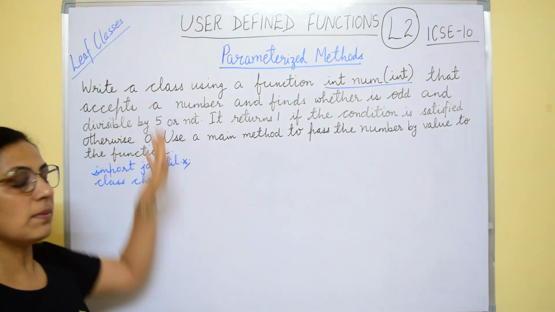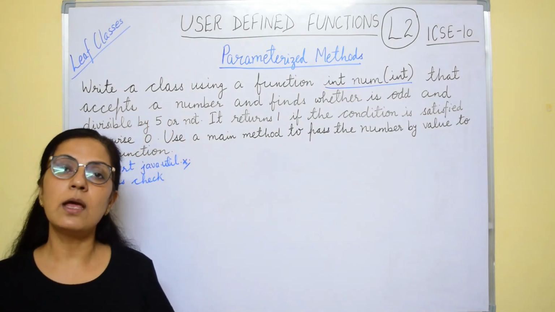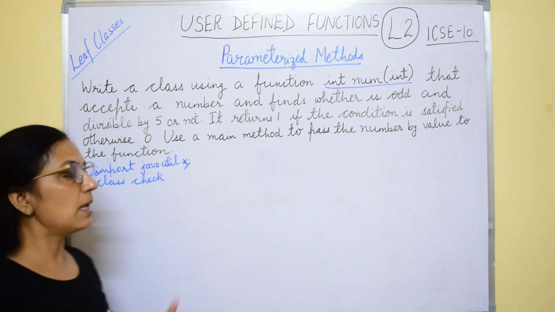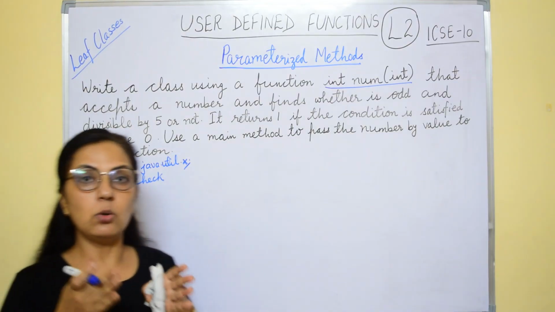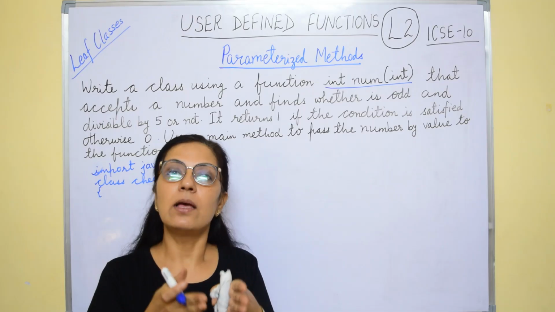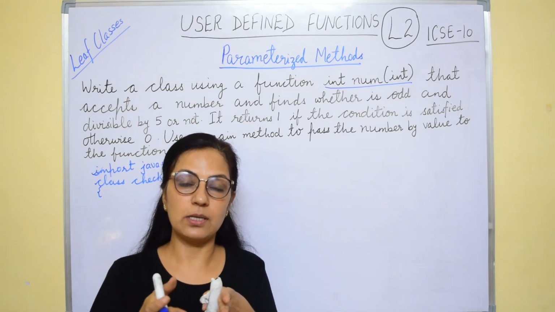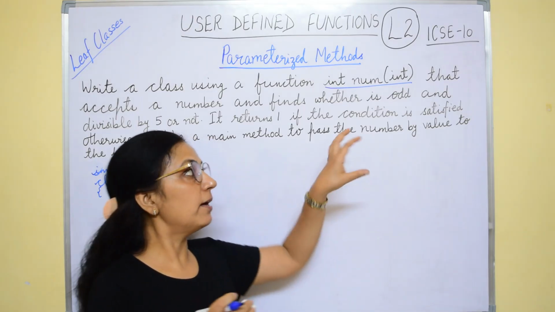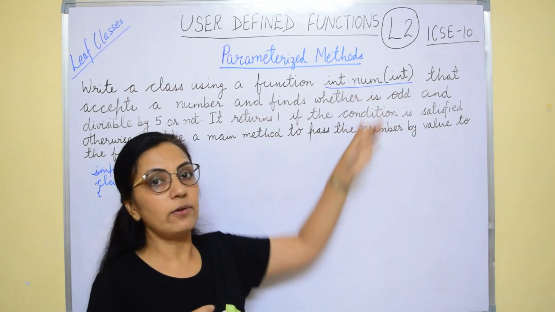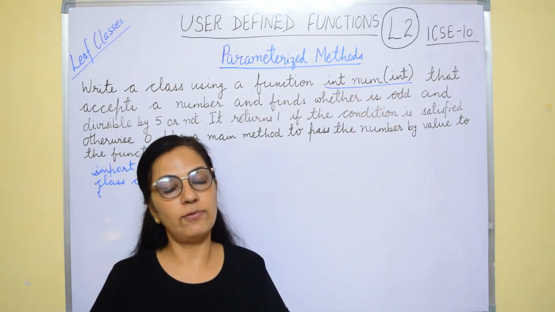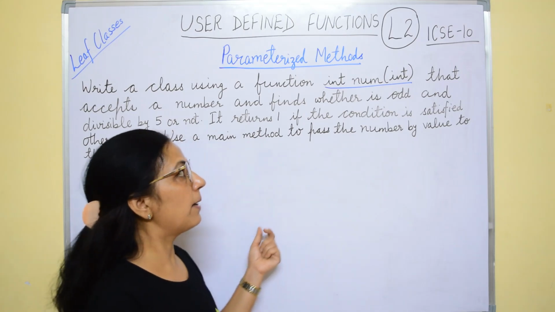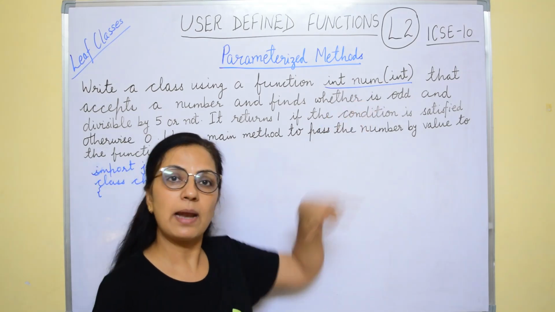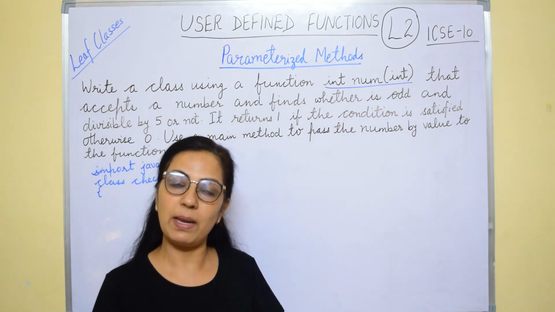Since the class name is not mentioned in the question, we can take any class name of our choice. You know that in one class we can have many functions. Now it is up to us whether we give this function first or the main function first. It is totally up to you. First this program I am writing with this function first, and the next program we'll do with the main function first.